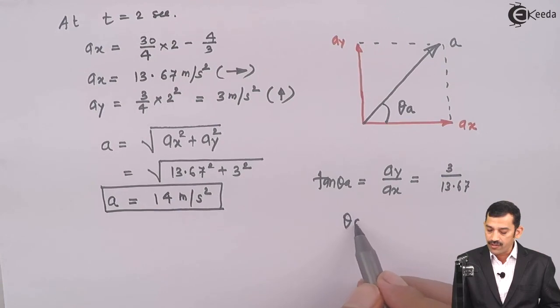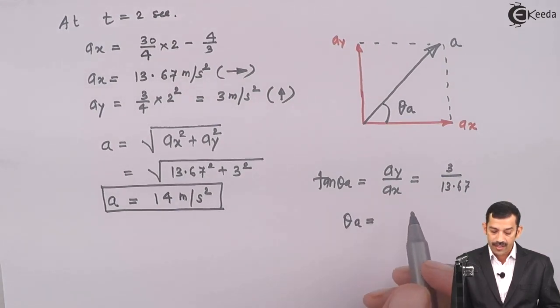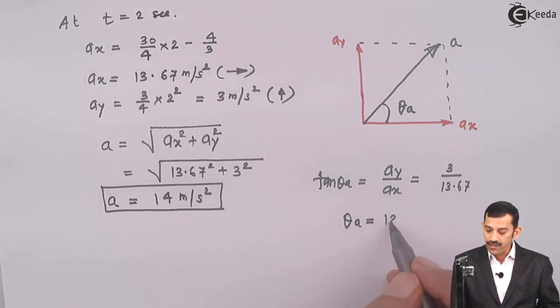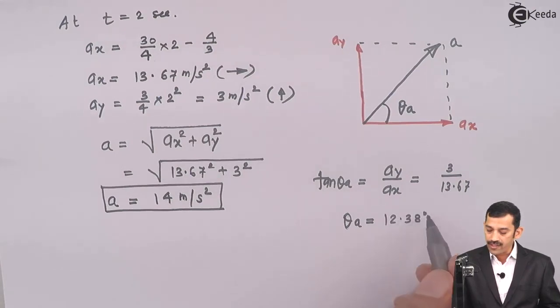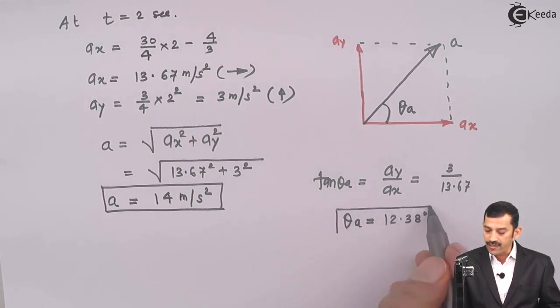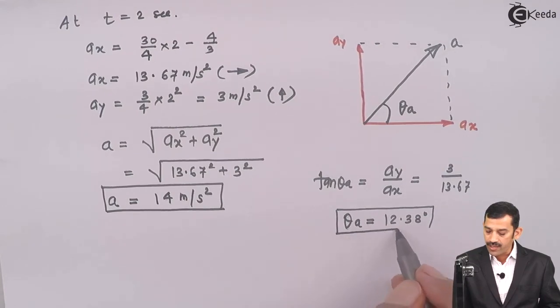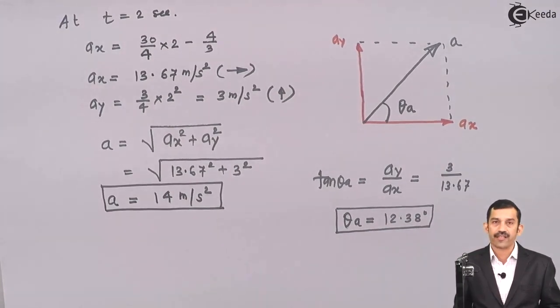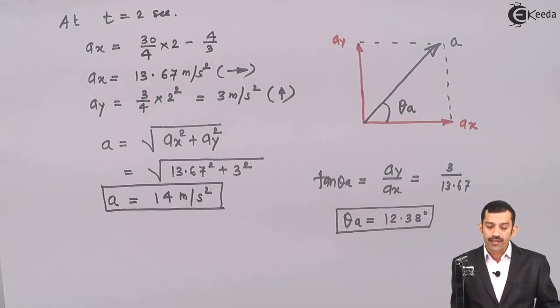Therefore, tan inverse of this value, theta A comes out to be, if you calculate using a calculator, 12.3 degrees. That means you have got the magnitude as well as the direction of resultant acceleration at t equal to 2 seconds. Before that, we calculated the magnitude of velocity and its direction with respect to the horizontal. Thank you.